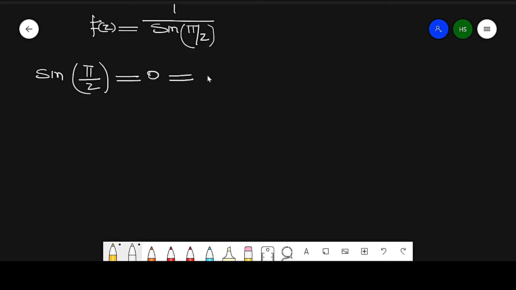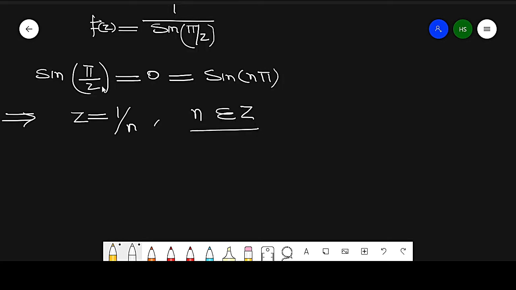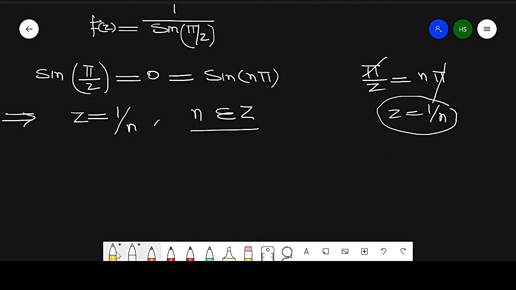This will be 0 when pi by z equals n pi, so z is equal to 1 by n, where n belongs to integers. So this pi cancels with this pi, so z equals 1 by n. Don't confuse, this is a simple calculation.